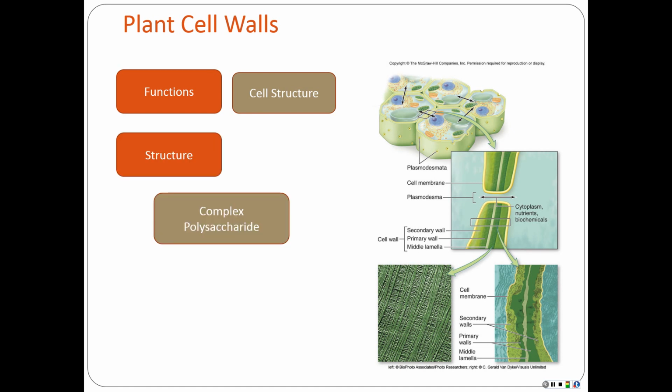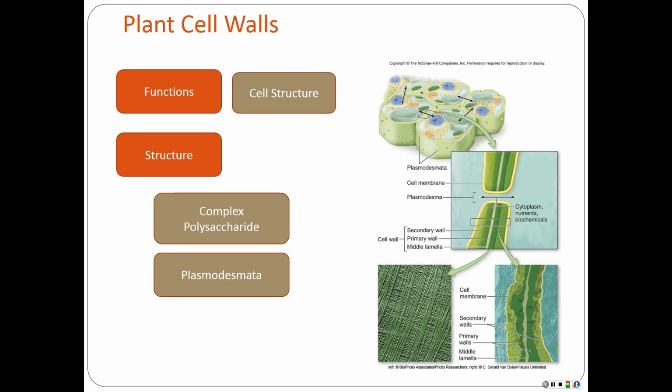What it is, is a complex polysaccharide, like we studied in Chapter 2. So it's just a big sugar group all joined together, giving physical strength to it. Okay, but it is rigid. However, you will find these things called plasmodesmata between individual cells, so that each cell is not completely walled off from another.